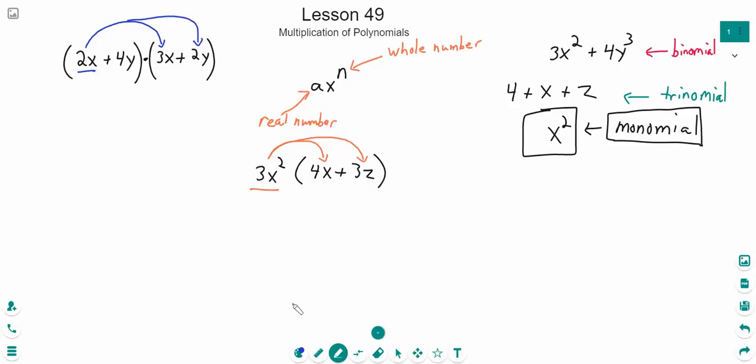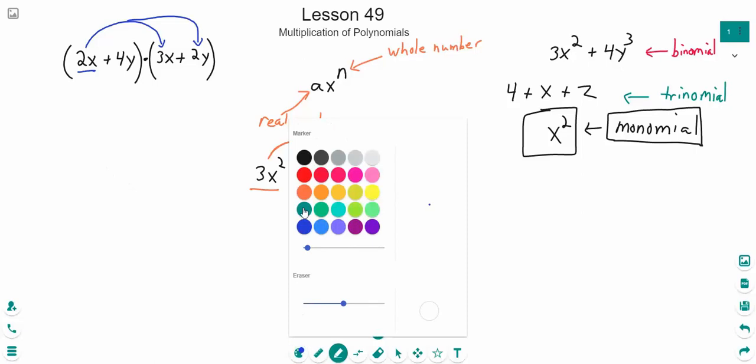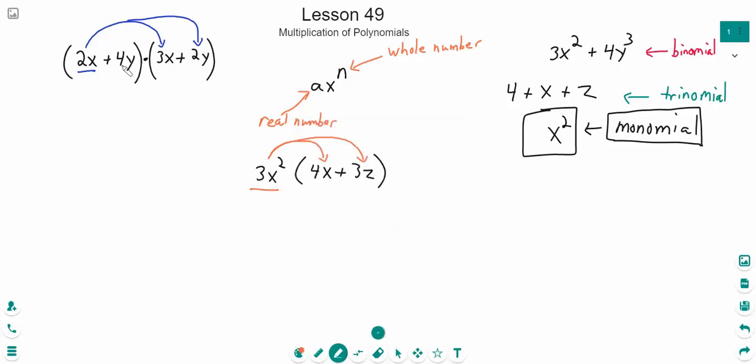When we're done with that, we then need to take the 4y and multiply it by the first term in the second binomial, and then multiply it again by the second term in the binomial and add them together.